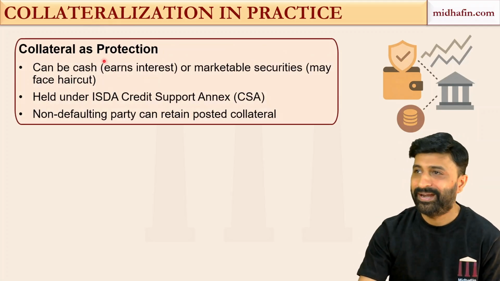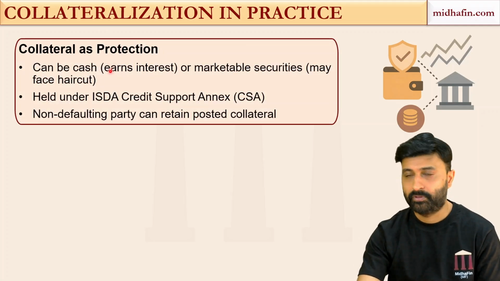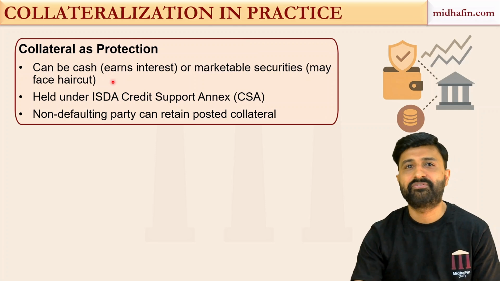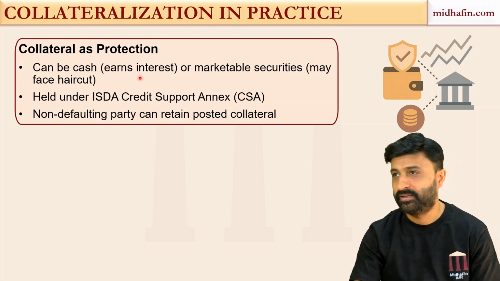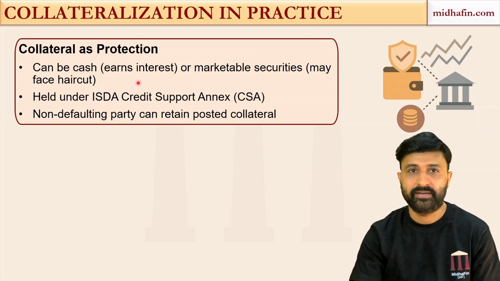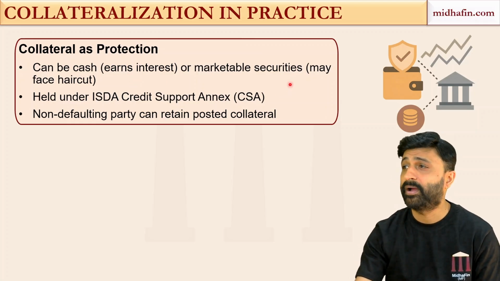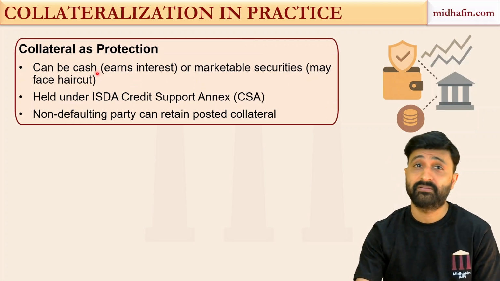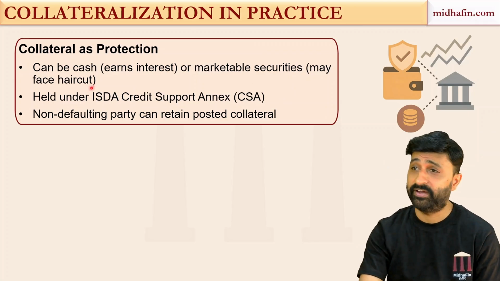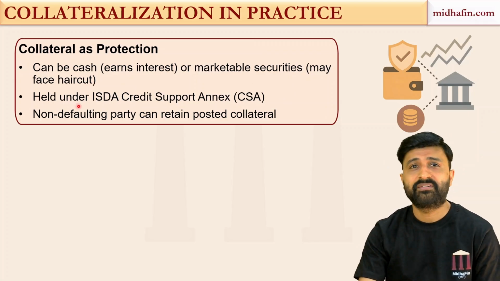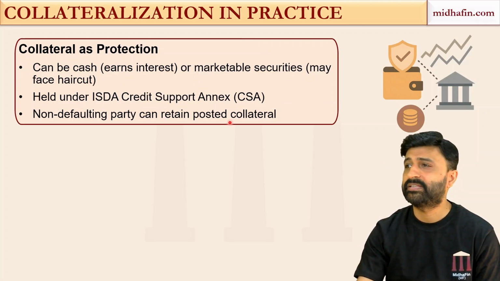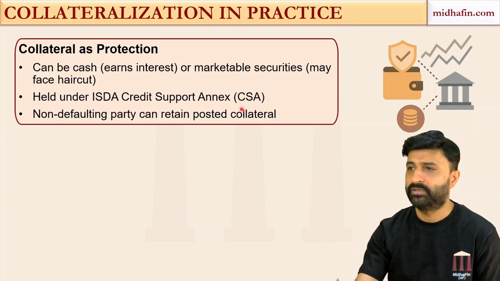Now, collateral as protection. Collateral is the frontline defense in derivative credit risk. It can be cash, which usually earns interest, or marketable securities, which might face a haircut to reflect the market risk. Collateral is governed by the Credit Support Annex or CSA, as I said earlier, under ISDA, which sets all the terms.